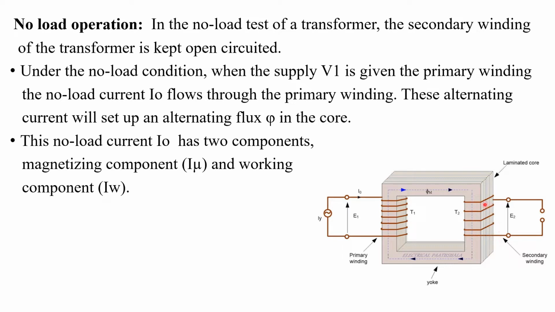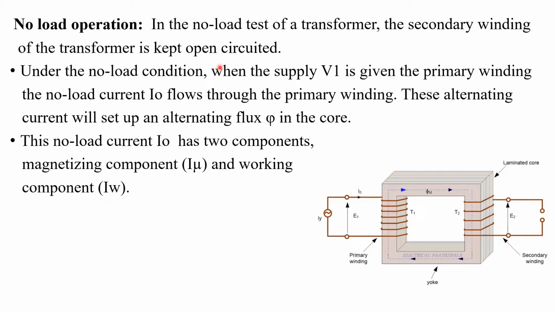But here we are discussing the no load operation of a transformer. That means the secondary side of the transformer must be open circuited. That is the major condition that we should remember.